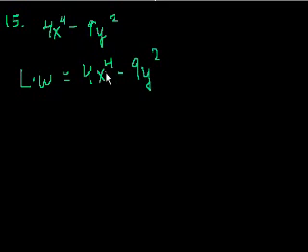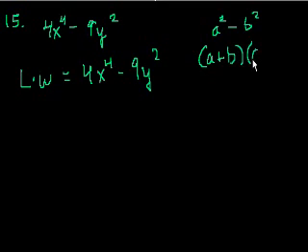So we have to factor this. The first thing you should always look at, especially if there's only two terms, is does it fit the form a squared minus b squared? Because if it does, you can factor this into a plus b times a minus b.